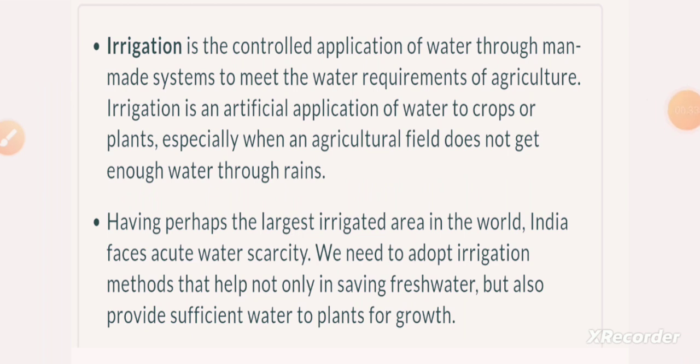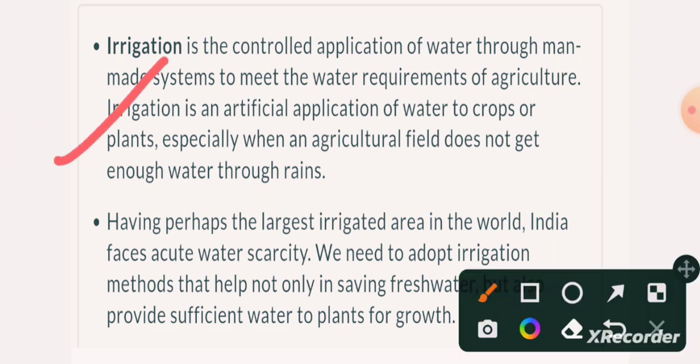It is the artificial application of water to crops or plants, especially when the agricultural field does not get enough water through the rain. Those areas which face acute water scarcity, irrigation is the best option to provide water to the crops.